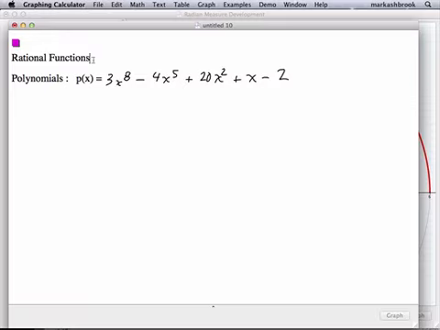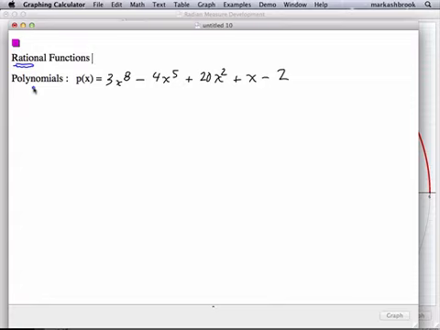So a rational function, it uses this word ratio. So basically a rational function is just the ratio of polynomials.